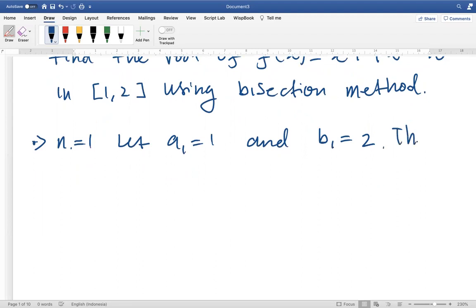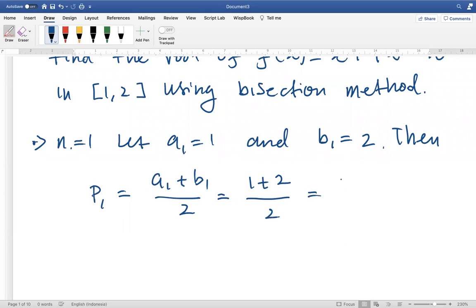Then p1 is (a1 plus b1) over 2, or (1 plus 2) divided by 2, which is 3 over 2. Now you check.